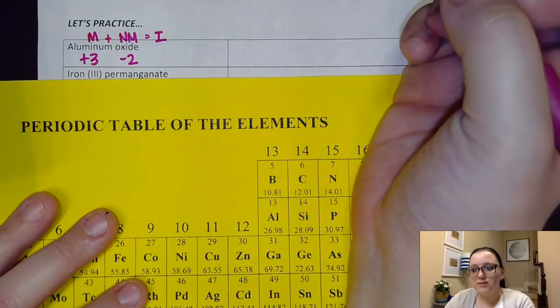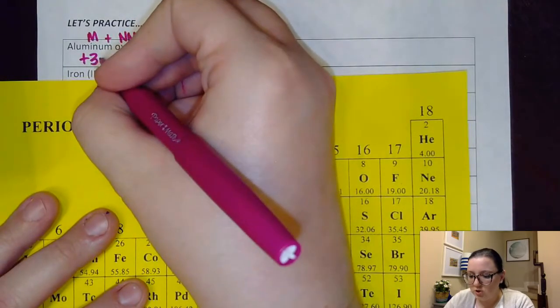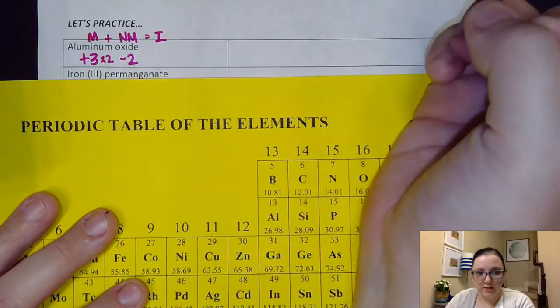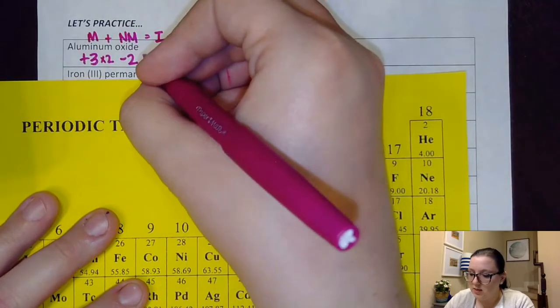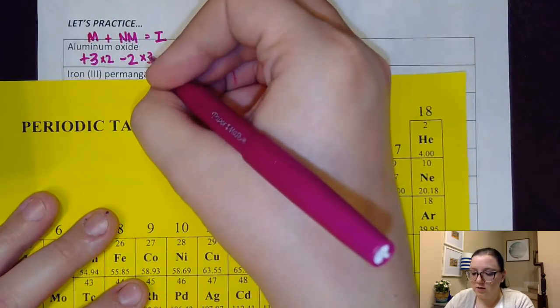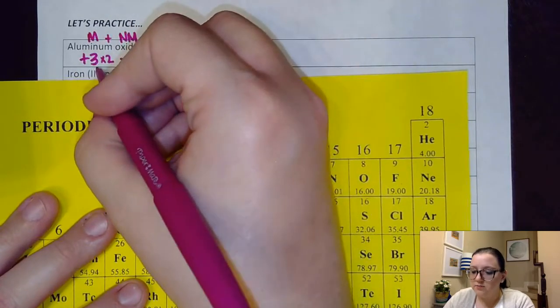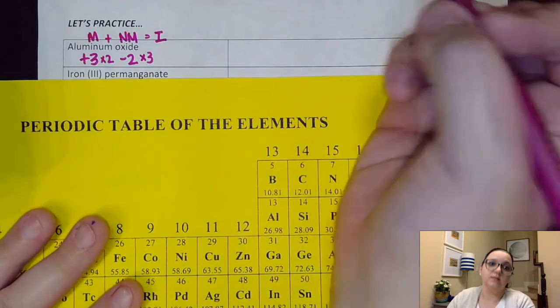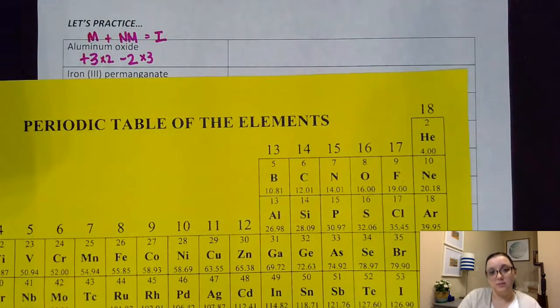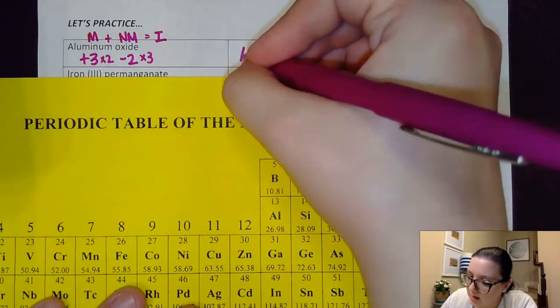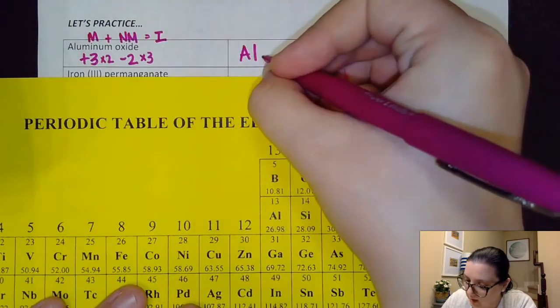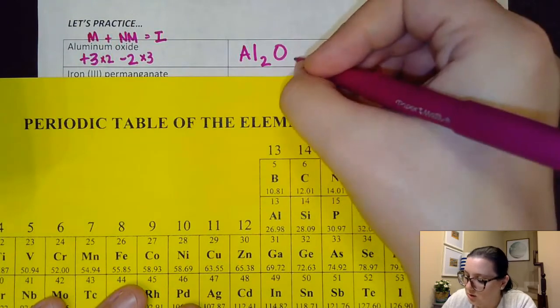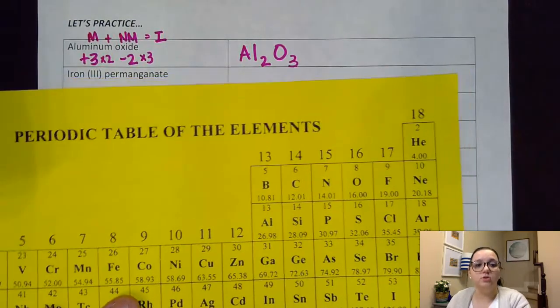To make those cancel out, I'm going to need 2 of that positive 3 thing, and 3 of that negative 2 thing, because when I add those up, a positive 3 times 2 is positive 6, a negative 2 times 3 would be a negative 6, and a positive 6 and negative 6 would cancel out to 0. Again, the goal is you're trying to make your charges cancel out with ionics. So I would need Al, 2 of them, and oxygen, 3 of those. So I would have Al2O3.